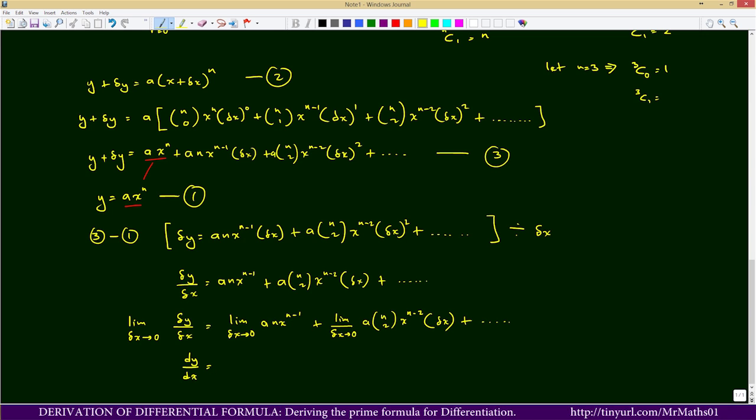On the right hand side, the first term, as delta x approaches 0, the expression a n x to the power of n minus 1 will not change anything because there is no delta x anywhere in the first term. What about the second expression? As delta x approaches 0, we have delta x here. So delta x is now an extremely small number.